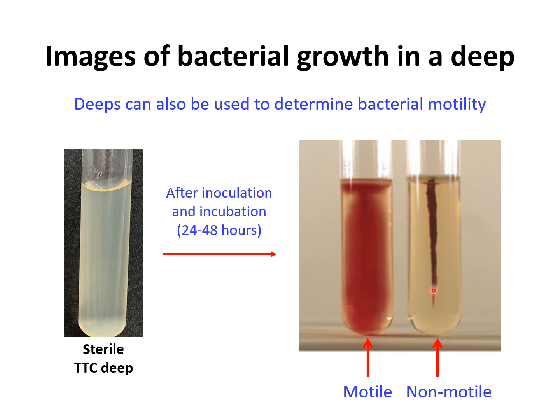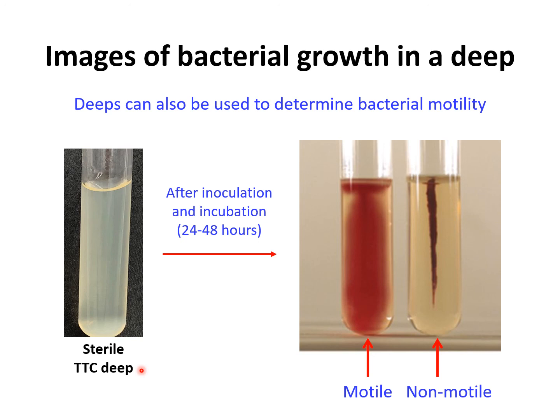So first of all, let me kind of explain something. Now, is this red color produced by the bacteria? In this case, no, because this is the deep that we used. It's called TTC deep. Now, remember how I said some bacteria naturally produce a pigment?